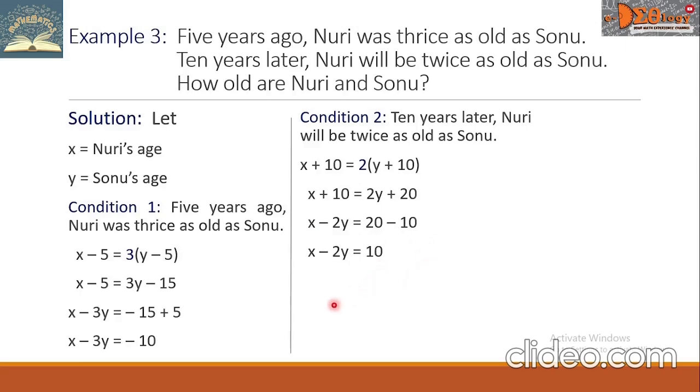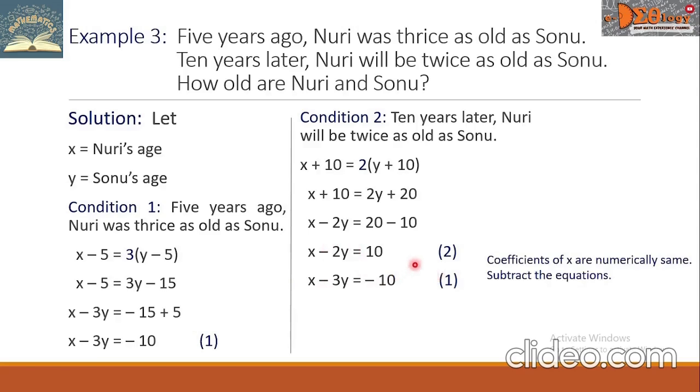So we have now the two equations. This is equation 1 here. This is equation 2. Let's put them together. Now we can see that coefficients of x are numerically the same. We can subtract the equations. In doing so, we need to change the sign of the terms of the second equation. x becomes negative, negative 3y becomes positive, negative 10 becomes positive.